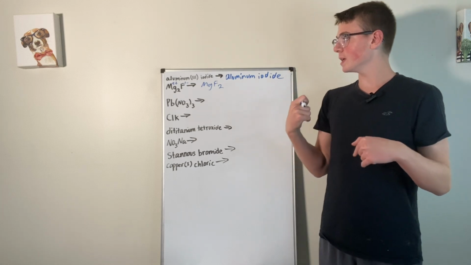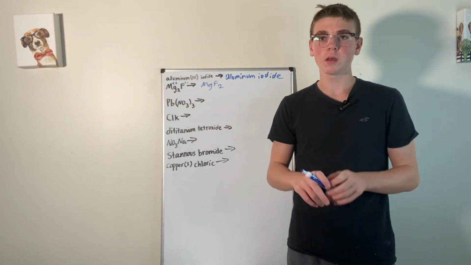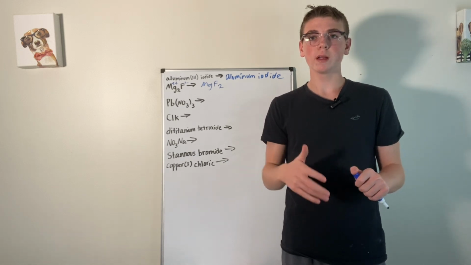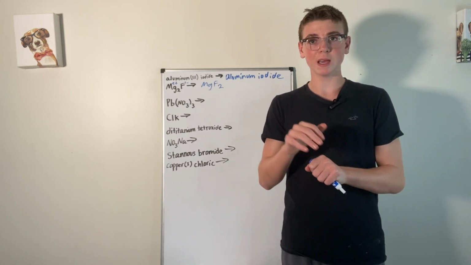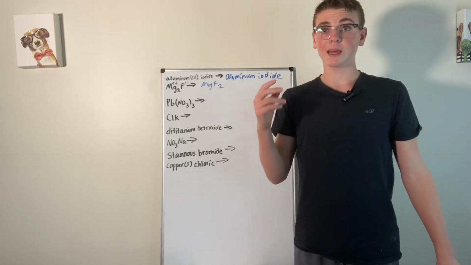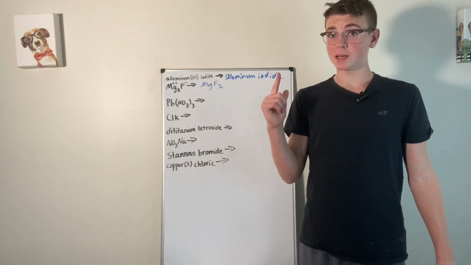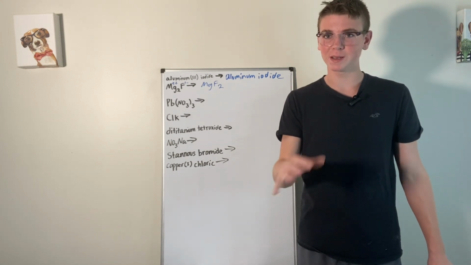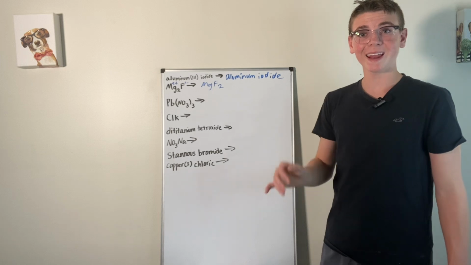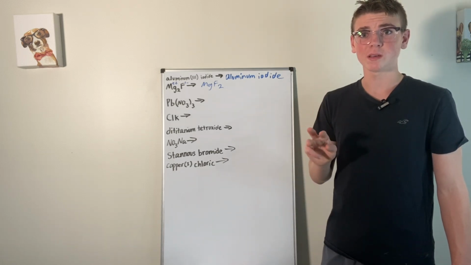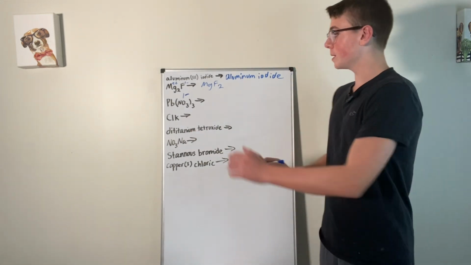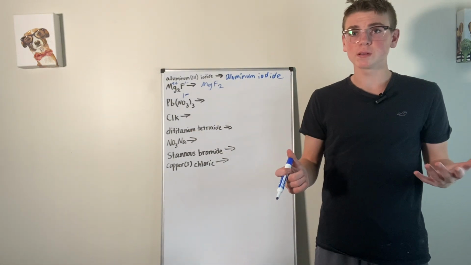Okay, now Pb(NO3)3. You might say, well, this looks all right. What about it? Well, lead, if you know plumbous and plumbic, comes in two different ions. It comes in 2 plus and 4 plus. So this 3 here would mean that the lead has a charge of 3 plus, because nitrate is 1 minus, but it's not.